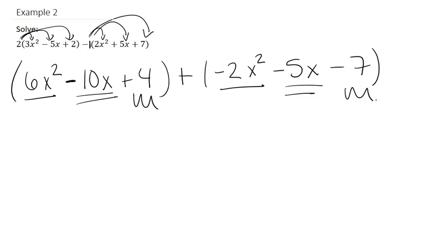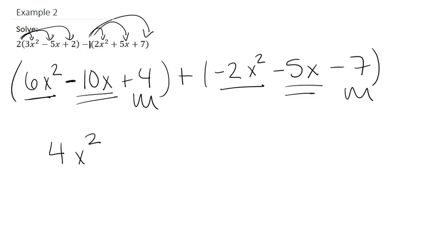So let's deal with the x squared first. So we have 6x squared minus 2x squared, or plus negative 2x squared. So that would just be equal to 4x squared. Next, we deal with this minus 10x minus 5x.